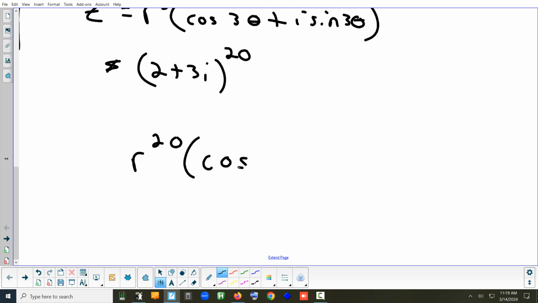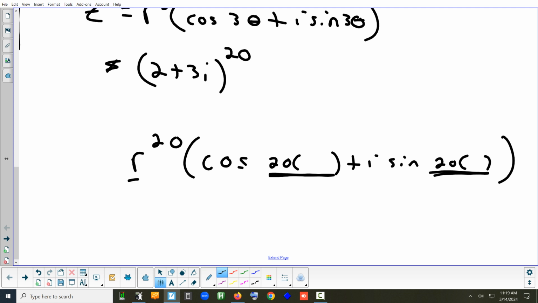And then whatever you get for the angle, it's going to be multiplied by 20. So 20 times whatever you get for your angle plus i sine 20 times whatever you get for your angle. You just have to figure out what your angle is and do that part out and figure out what your radius is.